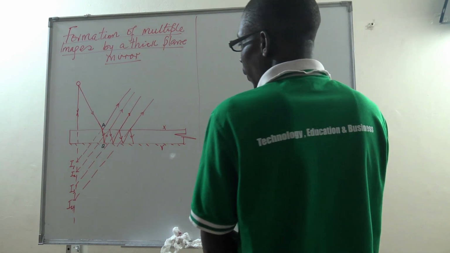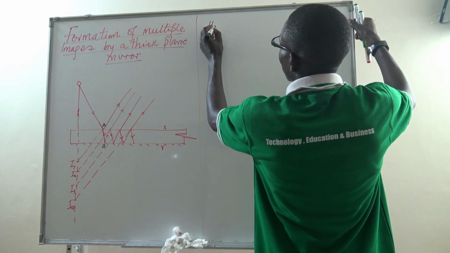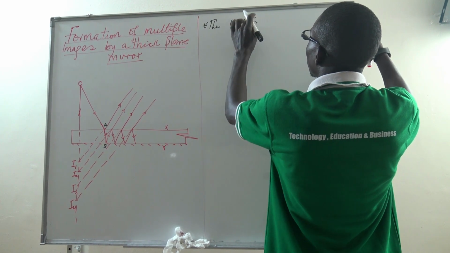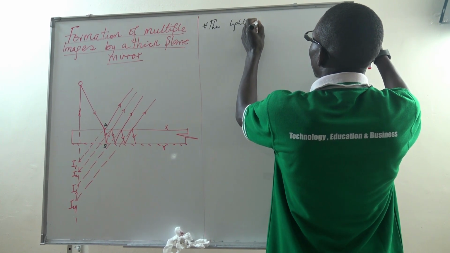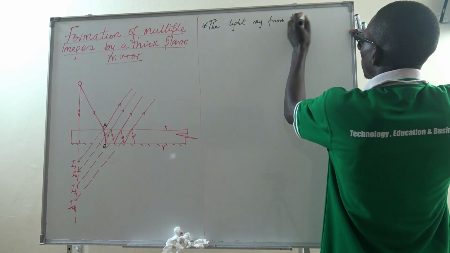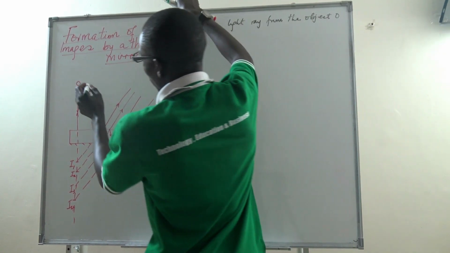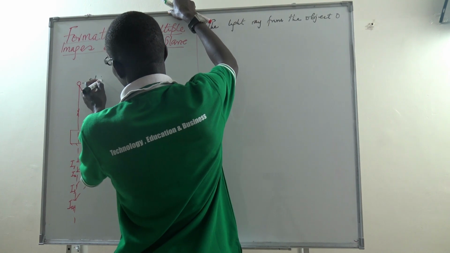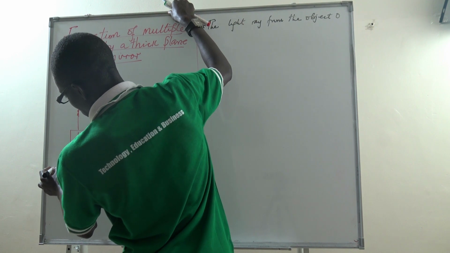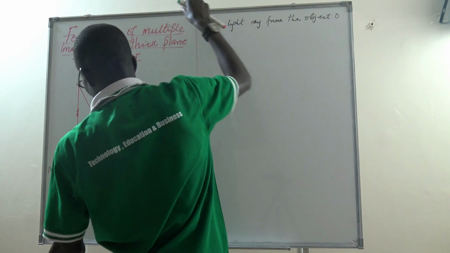So we can start by saying that the light ray from the object, or if I'm calling this one my object, and these are the multiple images, I1, I3 are the multiple images.